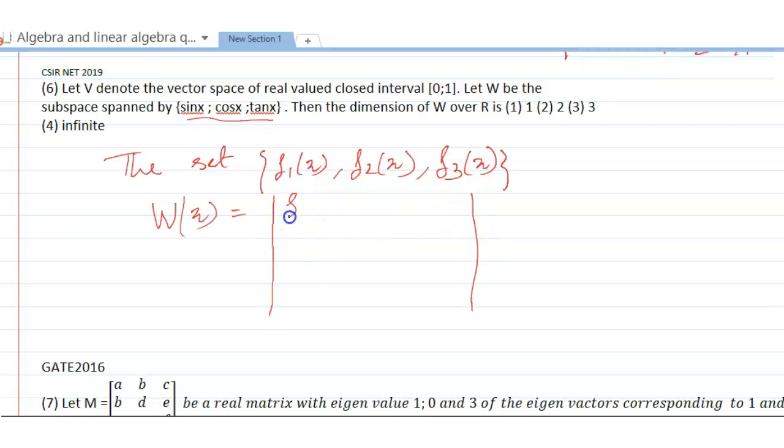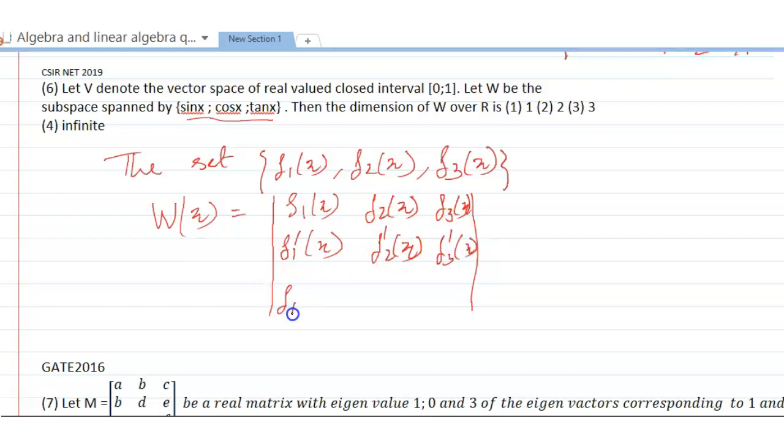W(x) is the determinant of the matrix with rows f1(x), f2(x), f3(x); f1 dash x, f2 dash x, f3 dash x; and f1 double dash x, f2 double dash x, f3 double dash x. This is my Wronskian.